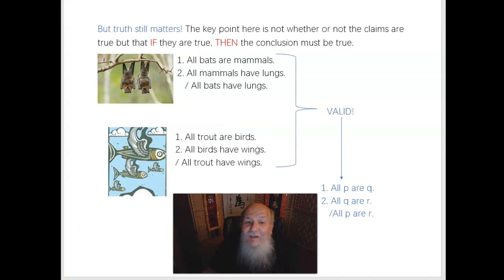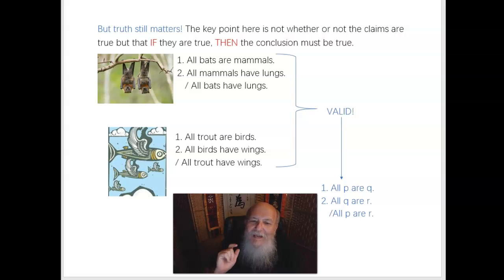Which is not to say that the truth doesn't matter. Truth still matters. The key point here is not whether or not the claims are true, but that if they are true, then the conclusion must be true. It's the hypothetical nature of the reasoning that it's important to grasp. If all bats are mammals, and if all mammals have lungs, then all bats must have lungs.